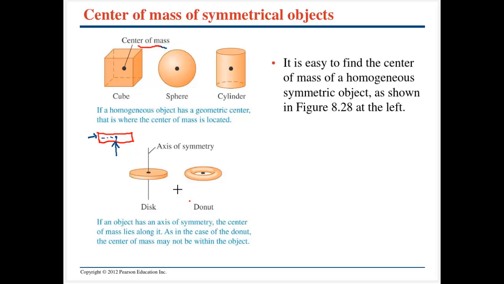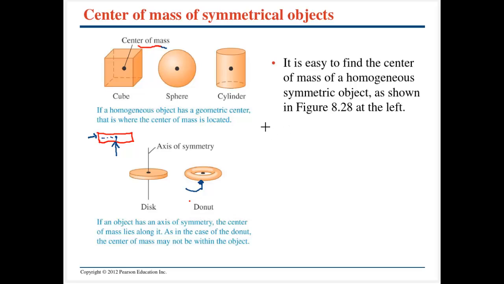I'll also say that if an object has an axis of symmetry, like a disk or a donut, then the center of mass is always going to lie on that axis of symmetry, although it doesn't necessarily have to lie within that object. For example, if you wanted to balance a donut, intuitively you would say, I would have to balance it from the dead middle of the donut.